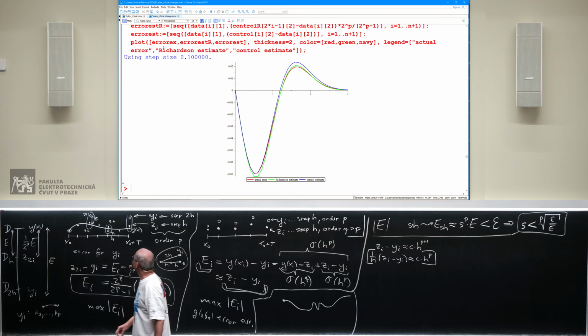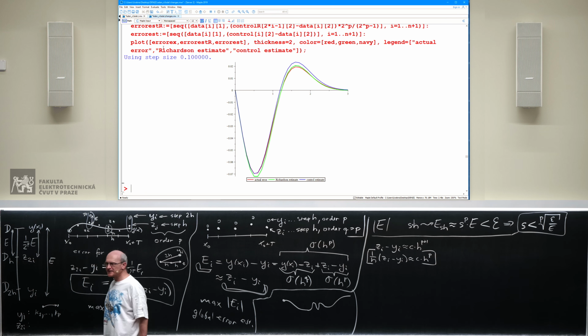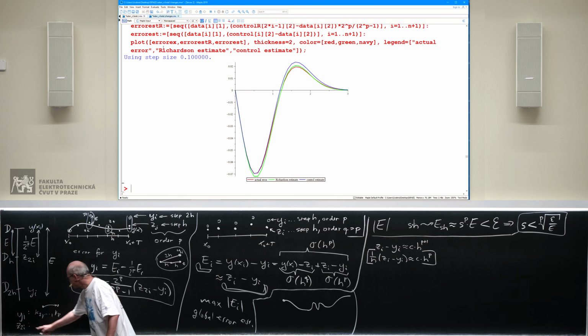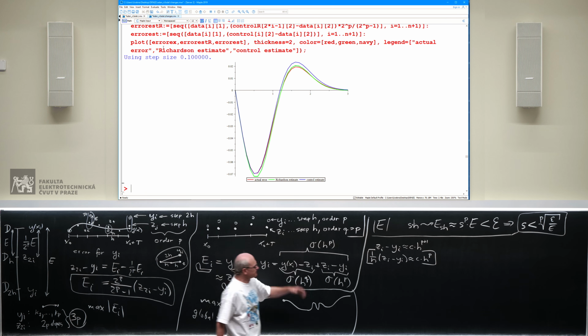But then you want to get the control data, so you have to make two steps with the same method. To get to z2i, you need P slopes again and again, because you are making two steps. So 2P slopes. Altogether, 3P. So that's how much work you have to do to get the Richardson estimate: 3P calculations of slope.